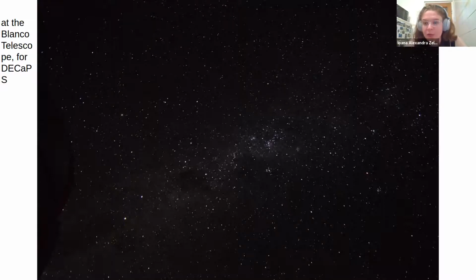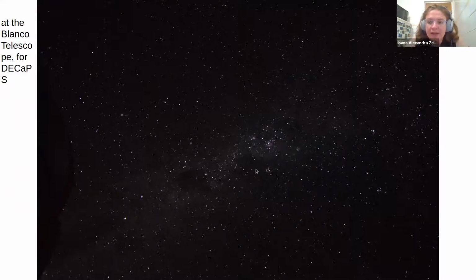So I was just taking a normal picture outside of a telescope, but the sky was very clear there. So when I was looking at the galactic plane, as you can see here, you can see that there are dark spots on the galactic plane, like here, and that it is not homogeneous.